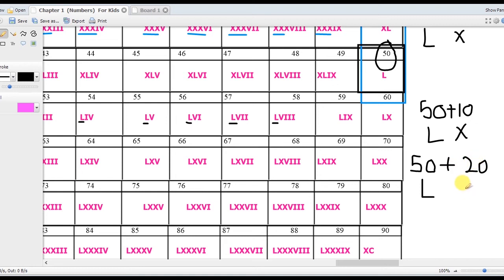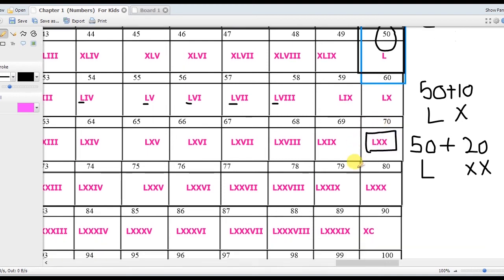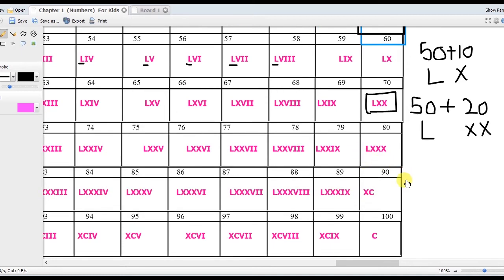We have already studied, for 10 it is X, for another 10 it is X. So collectively for 20 it is XX, right? Since 70 comes after 50, that's why we are going to write XX after L. Got it? And similar is the case with 80.